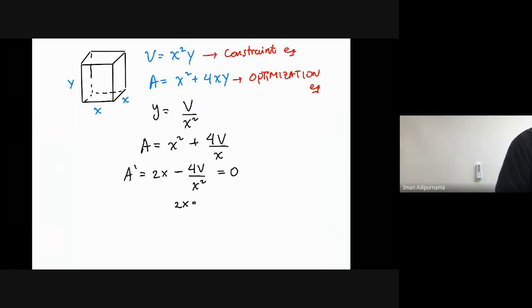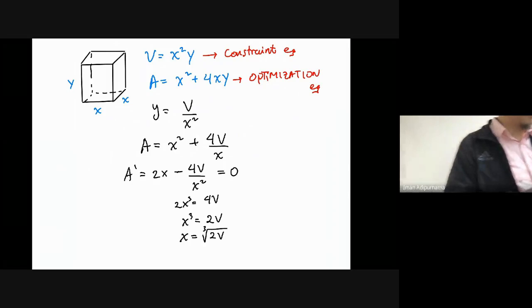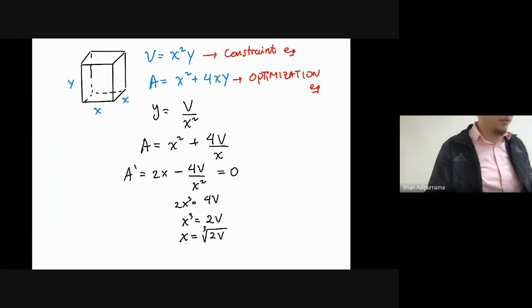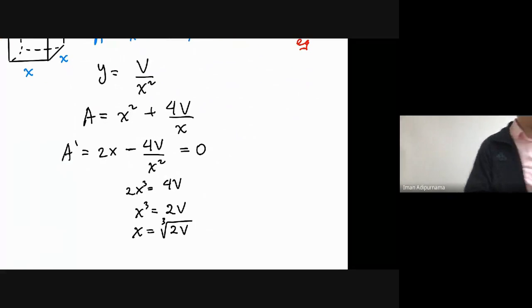So we get, let's say, this is x cubed. So x cubed will be 2V. So x will be, so you need to have your box with x equal to the cube root of 2V.